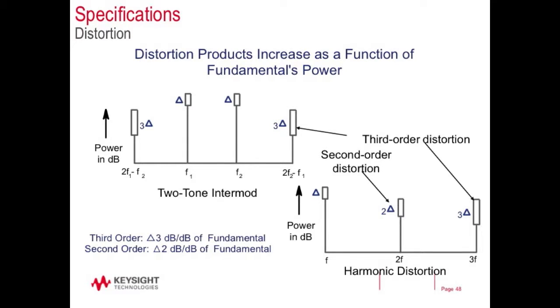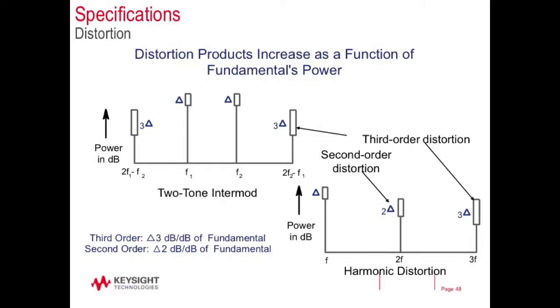The third order product goes up 3 dB as this goes up 1 dB. So keep that in mind. The absolute change is 1 dB here and 3 dB here, but the relative change is only 2 dB. As this goes up 1, this goes up 3, so the delta is 2.